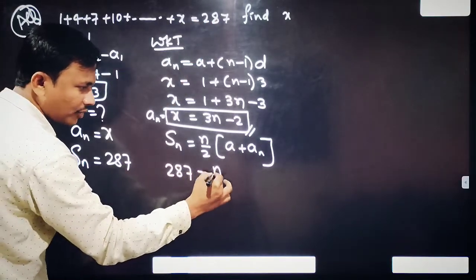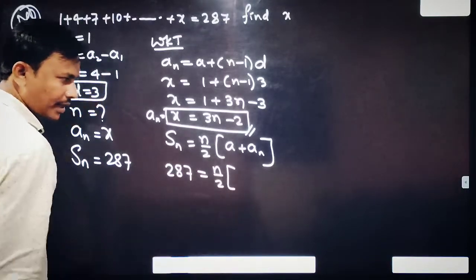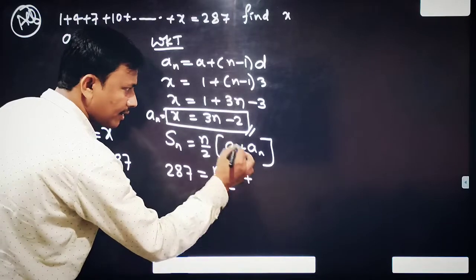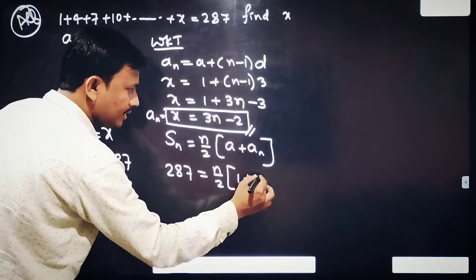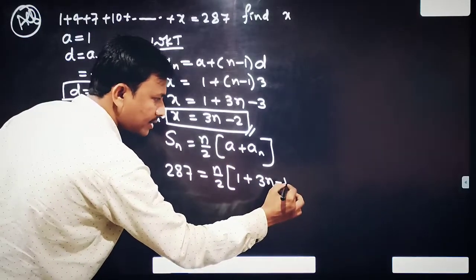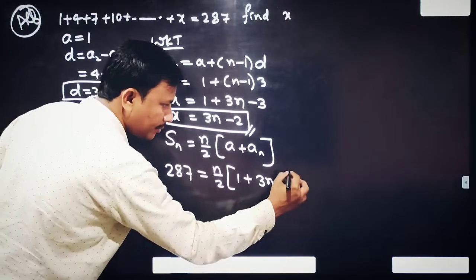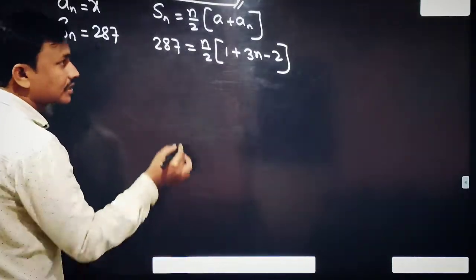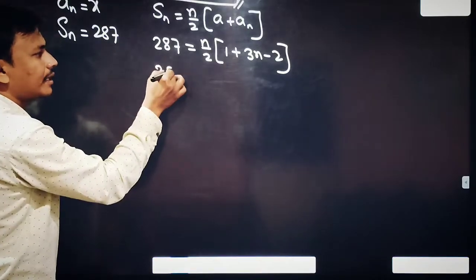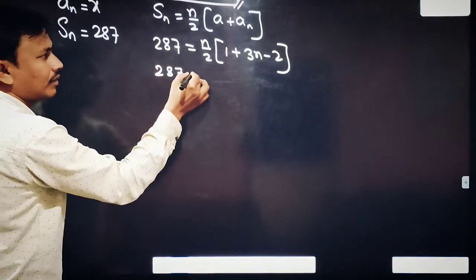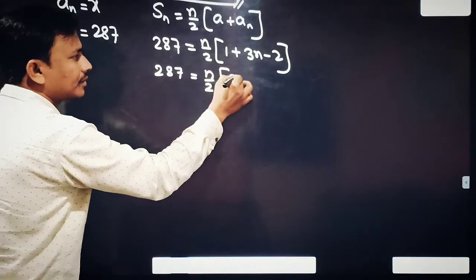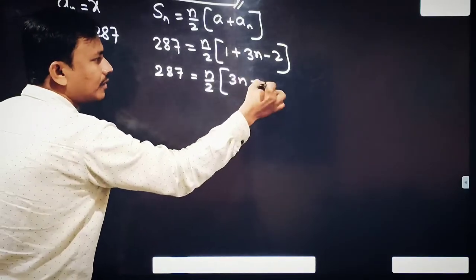Sn value 287 is equal to n by 2 in bracket 1 plus an, which is 3n minus 2. Next, 287 is equal to n divided by 2 in bracket 3n minus 2 plus 1.